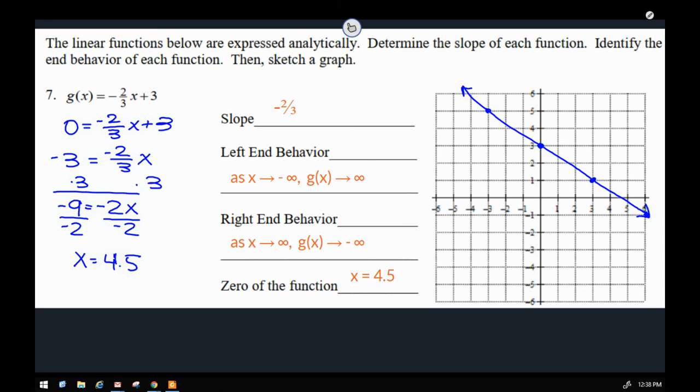Okay, and just review of linear functions. We just have this new fun left and right end behavior. So go ahead and take the next 5-10 minutes to work those last 2 examples.